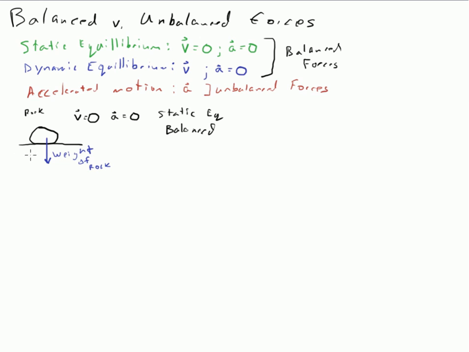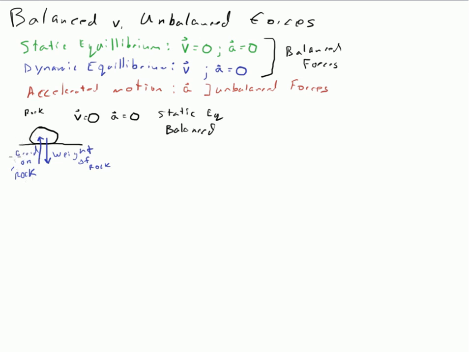Now, the next one is, if the rock is pushing down on the ground, third law says the ground should be pushing back up on the rock. And so that's the ground on the rock. And we know those two forces should be drawn about the same length in opposite directions because they're balanced.